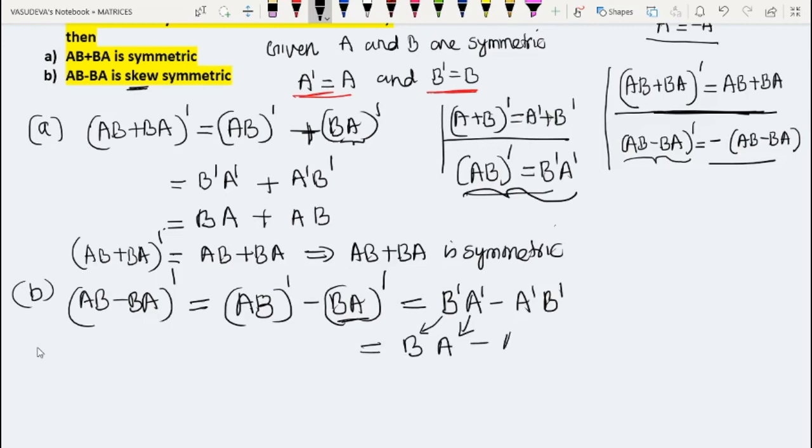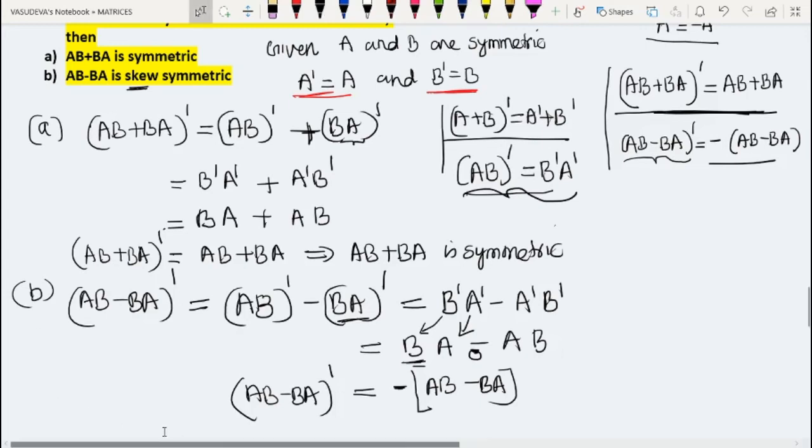So now taking the negative sign outside, because we have to show that AB minus BA is skew symmetric, this minus becomes positive and this plus becomes negative, giving minus BA. So AB minus BA whole dash is equal to minus AB minus BA.